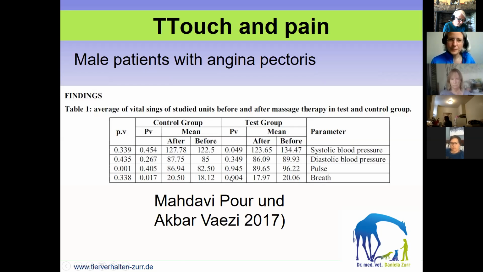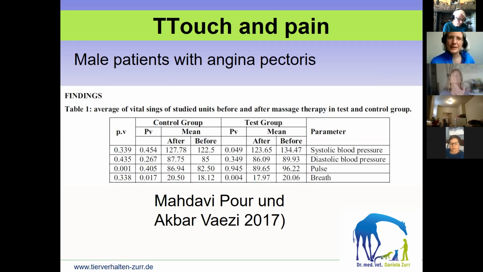cycle. You can also see that the pulse frequency goes down with TTouch and goes up with only medical treatment. And the same is true for breathing. So actually the group with TTouch had worse physiologic parameters before treatment and much better after.